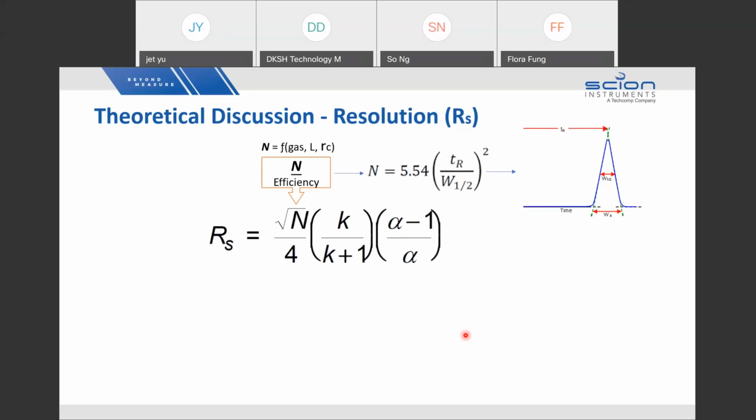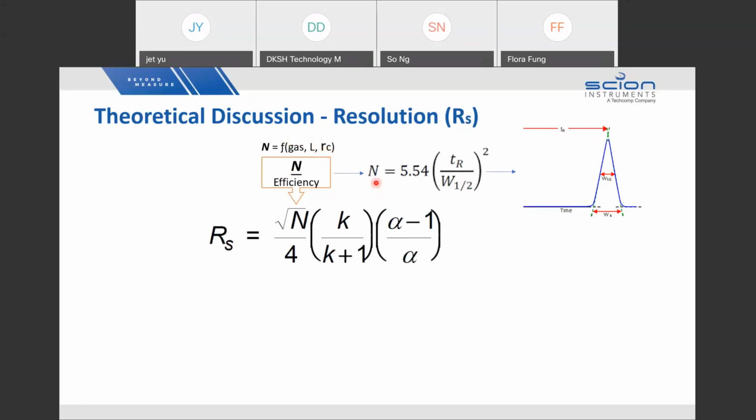So in order to achieve higher efficiency of the separation, there are a couple of factors hidden inside. Gas is more about the carrier gas. Length. rc is the radius of the column, the ID of the column. So for N, there are a couple of variables inside.